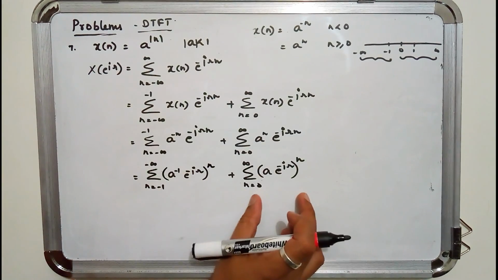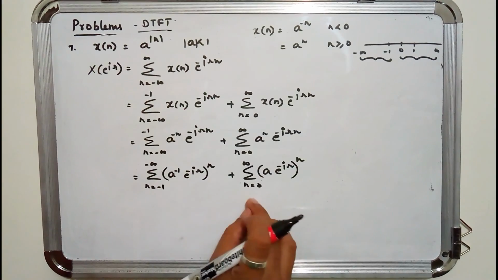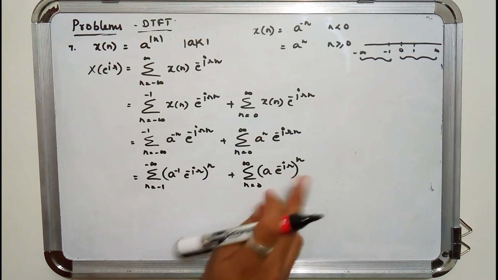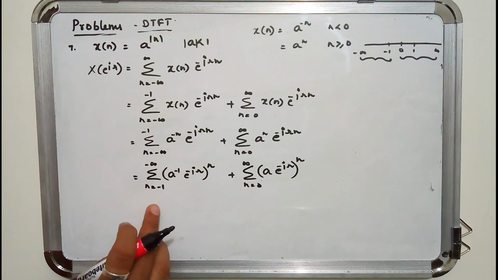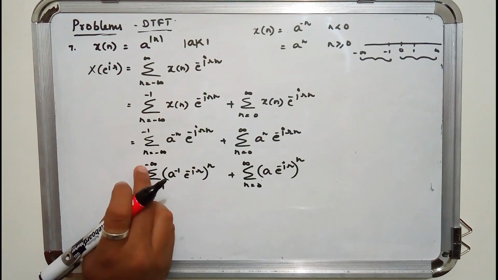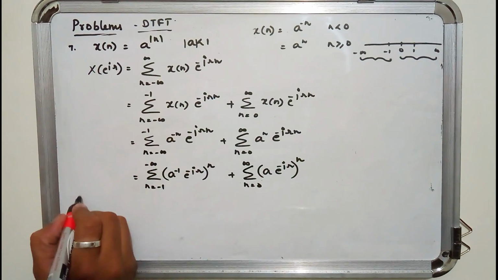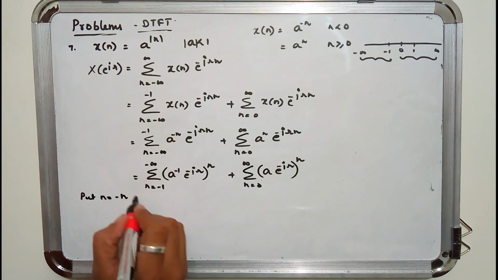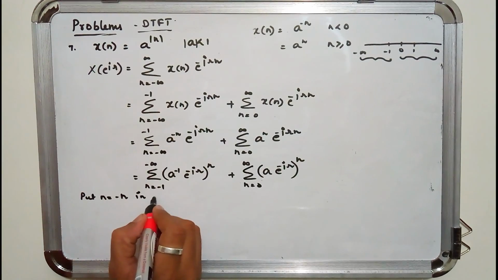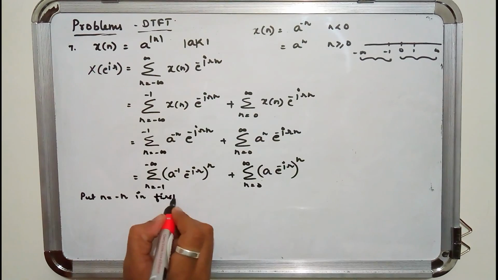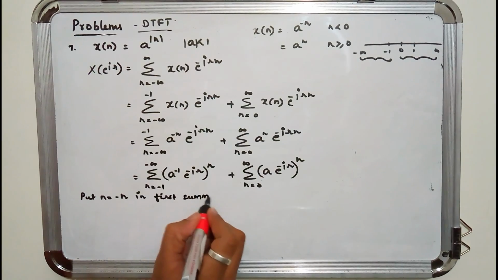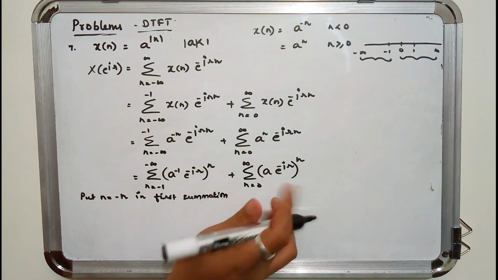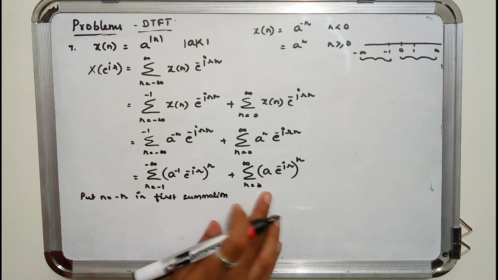Now this summation will not alter because it is of the direct form, summation n is equal to 0 to infinity alpha power n. The first summation I need to alter, because I need to get plus infinity. So what do I do? Put n is equal to minus n in the first summation, because the second summation I am keeping as it is since it is in the standard form.